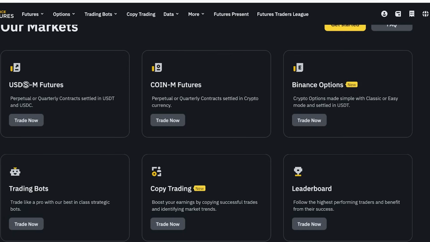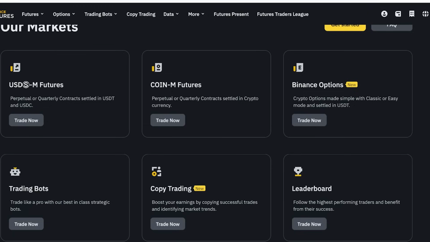Secondarily, we have Coin-M futures. What are Coin-M futures? Those are coin margin futures where they use things like Ethereum or Bitcoin for their trades, and you're going to be leveraging those. You have Binance leverage tokens or Binance Options as well, which we're not going to go into a lot of detail on. So let's get started.